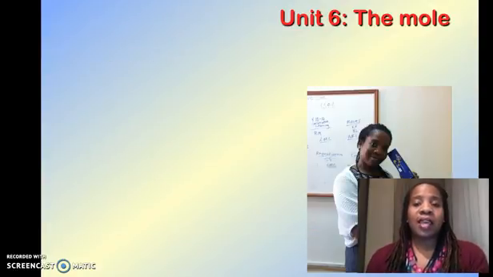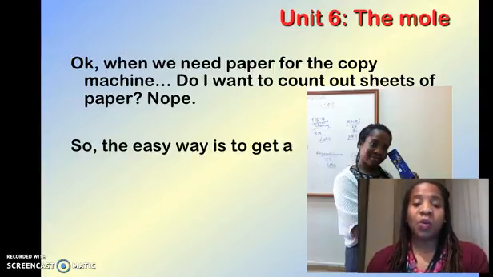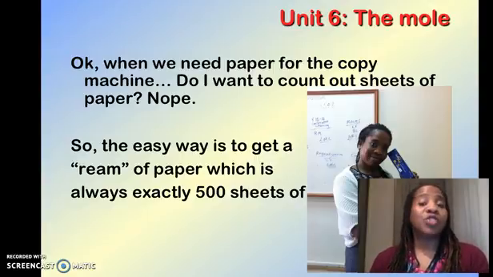Okay, let's say the copy machine is out of paper. Happens all the time. Now, when we need paper for the copy machine, do you think I'm going to want to count out sheets of paper? No, I don't. It takes a long time. The paper's really thin, but basically what we can do is we can get a ream of paper, which is always exactly 500 sheets, okay?